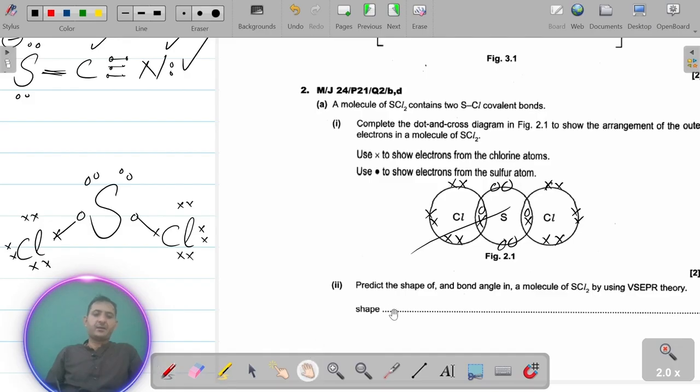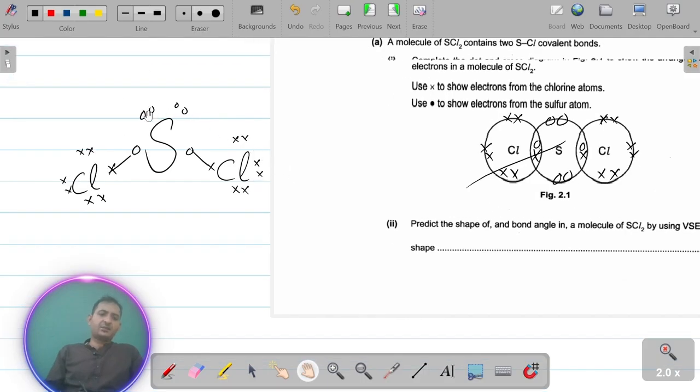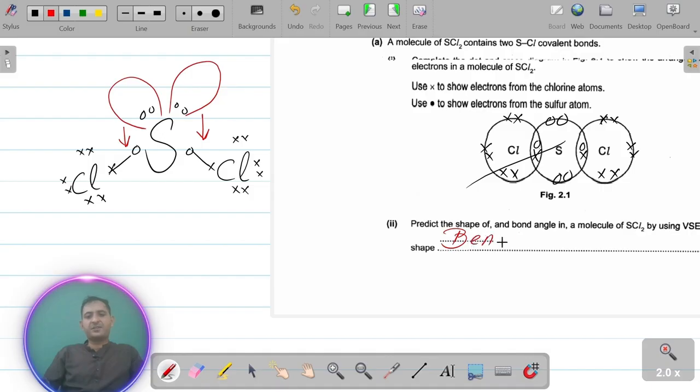Okay. Now the shape of and bond angle in the molecule. We know this lone pair of electrons occupies more space. The lone pairs are repelling the bond pairs, so you can say it's a bent shape. Even you can write bent or V shape. It makes a structure just like water, H2O.